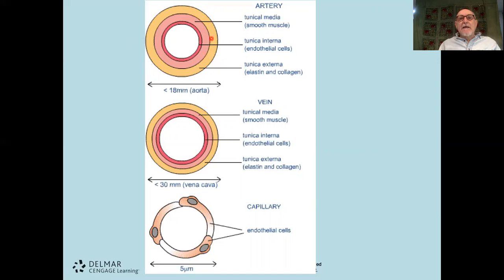The middle layer here is called the tunica media, and it's smooth muscle. Now, you'll remember that smooth muscle does not respond to conscious thought.